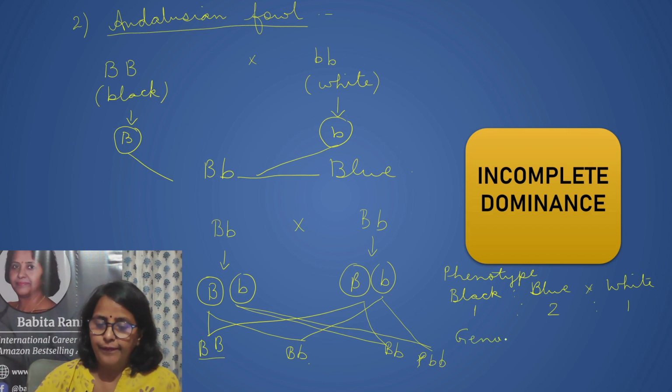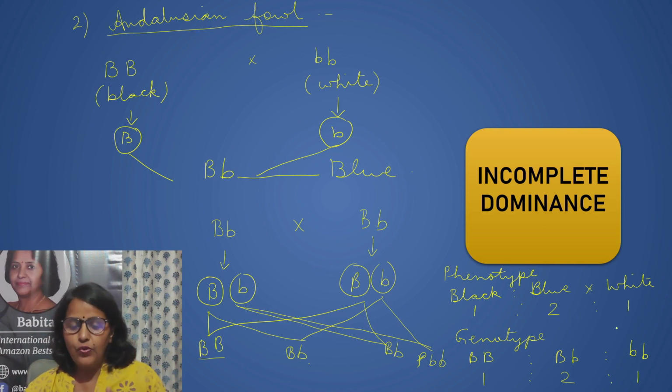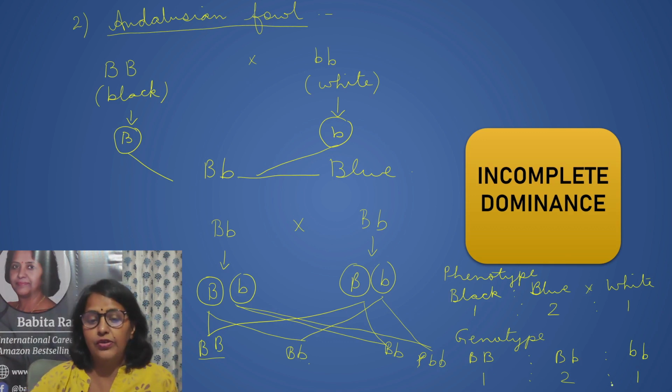Genotype: capital B capital B is to capital B small b is to small b small b. Capital B capital B only 1, capital B small b is 2, and small b small b is only 1. So, you see 1:2:1 is ratio, phenotypic ratio also and genotypic ratio also.